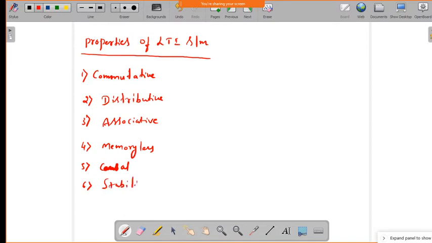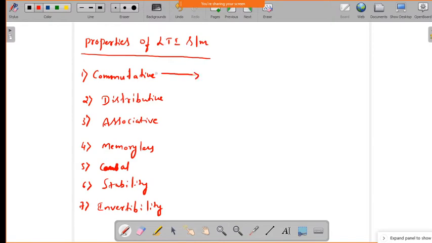One more is there, that is invertible property, invertibility. So these are some of the properties of continuous as well as discrete time LTI systems.